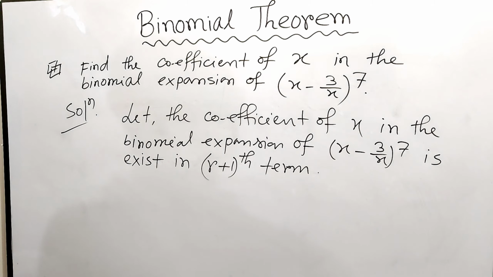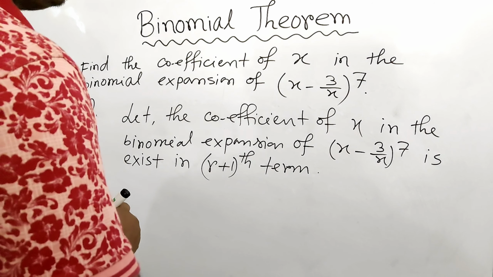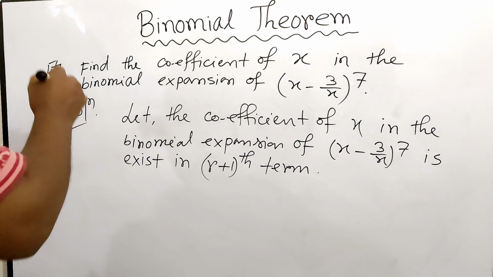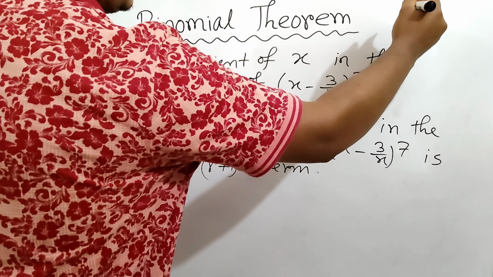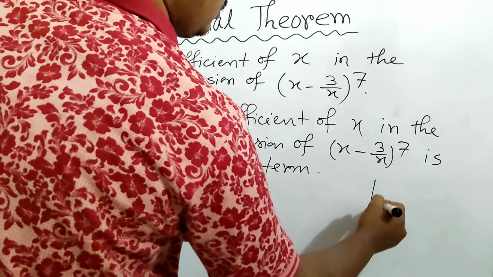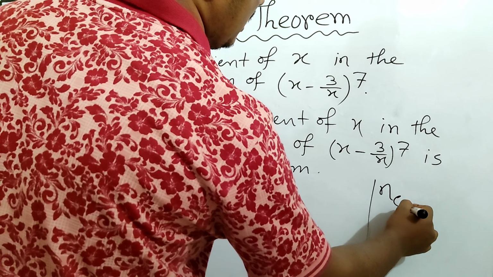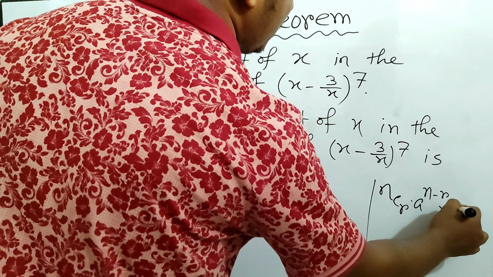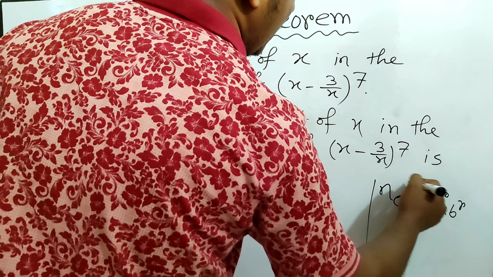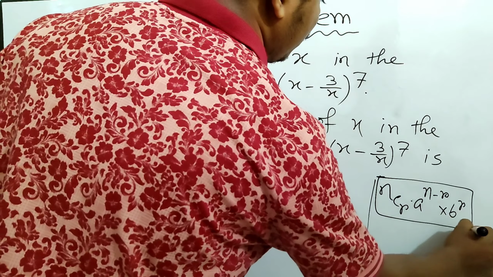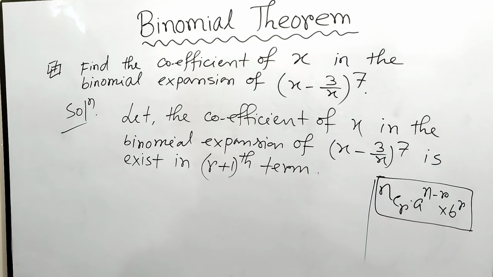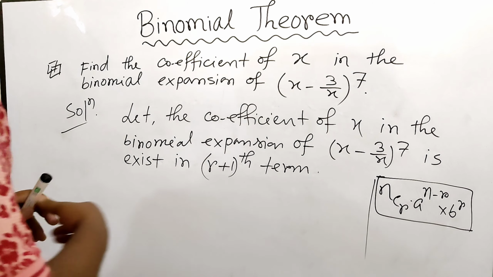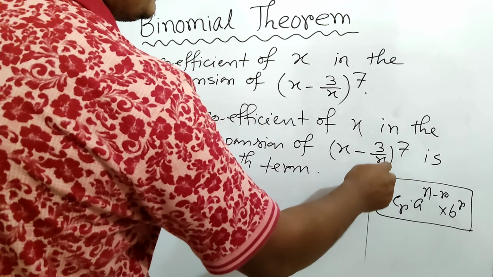We already know the general formula: the r plus 1 term was nCr a to the power n minus r into b to the power r. That was the r plus 1 term for the binomial expansion. Look at here, a is x and b is negative 3 by x.